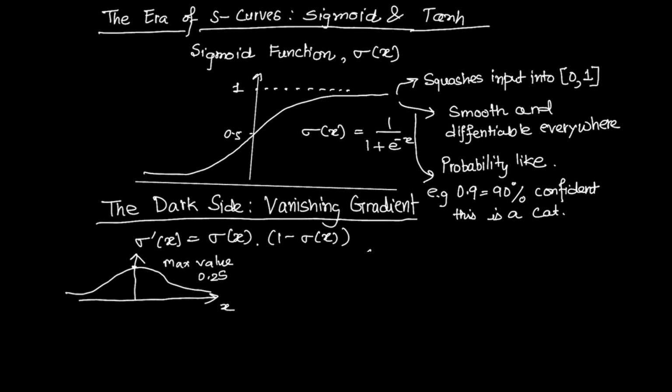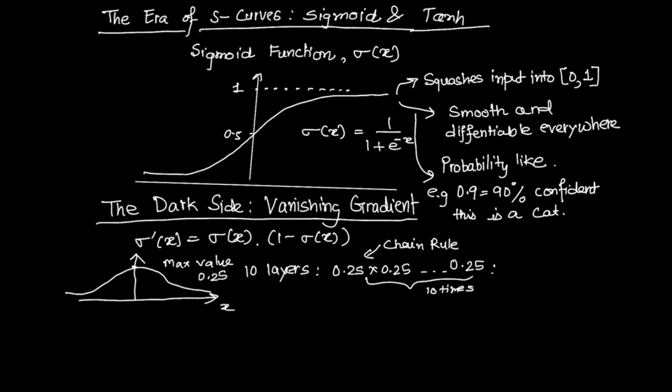Now imagine a neural network with 10 layers. In backpropagation, we use the chain rule. We multiply the gradients of each layer together as we move backward from the output to the input. If you have 10 layers and the maximum gradient you can pass through is 0.25, what happens? You are multiplying 0.25 times 0.25 times 0.25, 10 times.